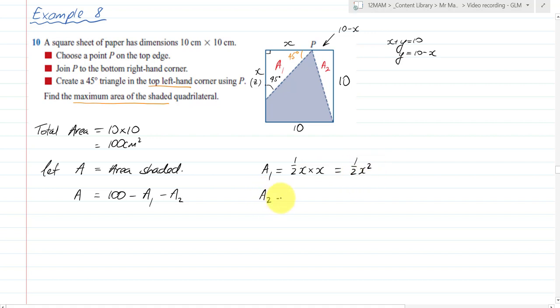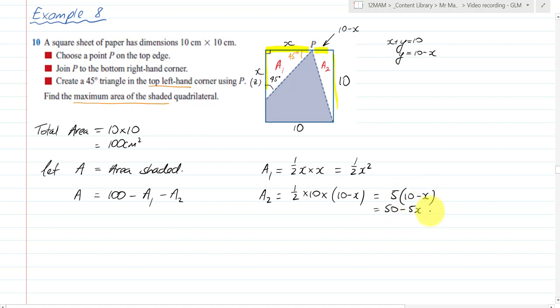And area 2 is going to be equal to a half times 10 times 10 minus x. So again, we're looking at a half times length times height and a half times length times height here. Got that a bit skewiff, but there we go. And this simplifies down to give 5 times 10 minus x, or maybe we'll use 50 minus 5x.